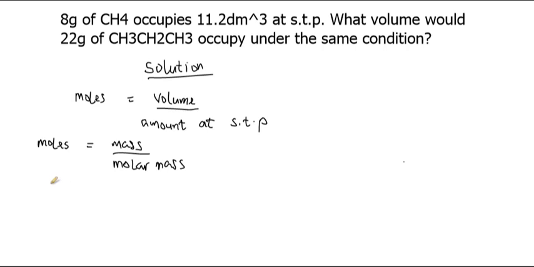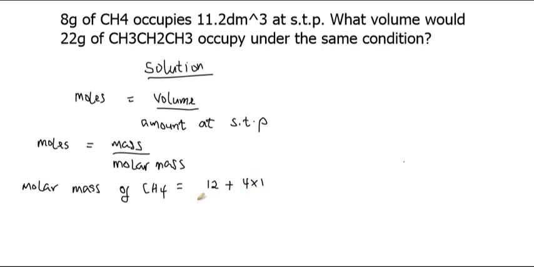So the molar mass of methane, CH4, equals: we have one atom of carbon present, that's 12, the atomic mass of carbon, plus the atomic mass of hydrogen is 1, and we have 4 atoms present, so that's 4 times 1.